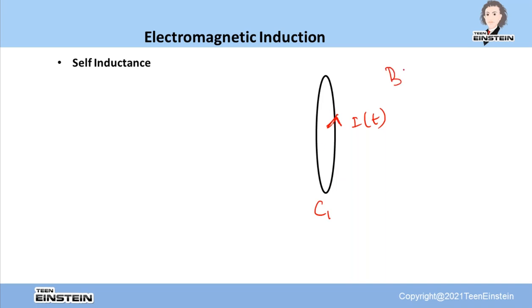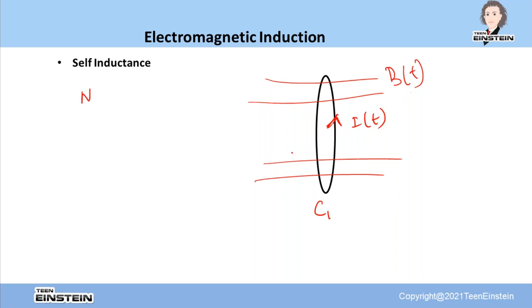When the current is varying, the magnetic field produced by it will also be time varying. The magnetic field lines will pass through the coil itself, so there will be flux linked in itself. Suppose there are N turns in this coil, then N1 phi 1 is directly proportional to the current in itself.